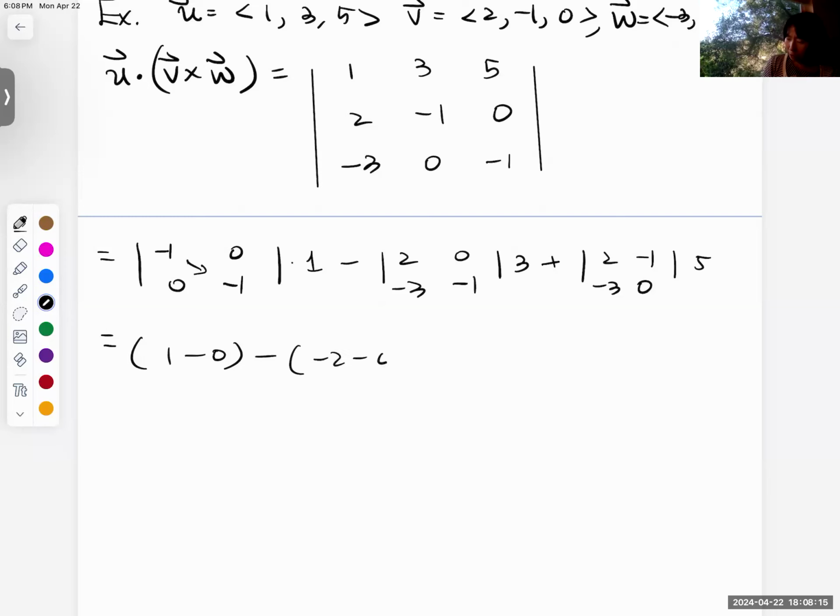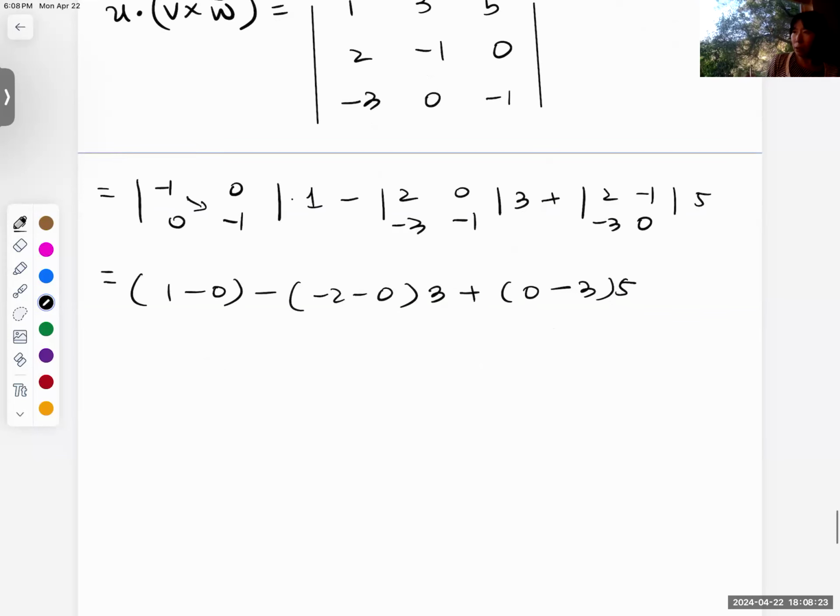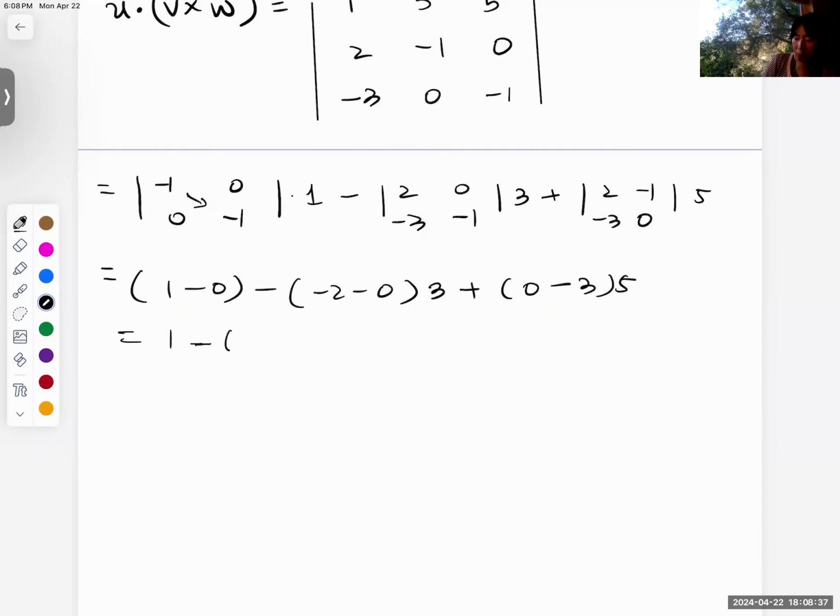And -2 minus 0 with 3, and plus 0 minus 3, right? Okay, so there will be 1 minus, and distribute, -6 and plus -8. Do you get this one?